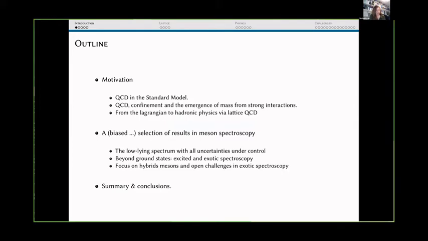So you'll see some results from low-lying spectroscopy, where, for example, all of the uncertainties are under very good control, and then more speculative, let's say, and more recent results going beyond ground states, where we think about excited and exotic spectroscopy, and then come to some conclusions and summarize for you.